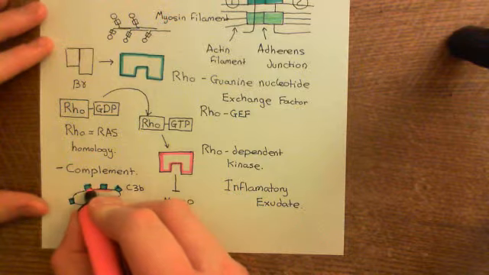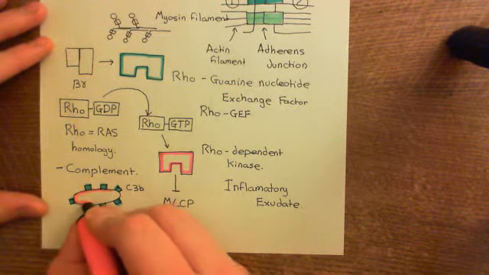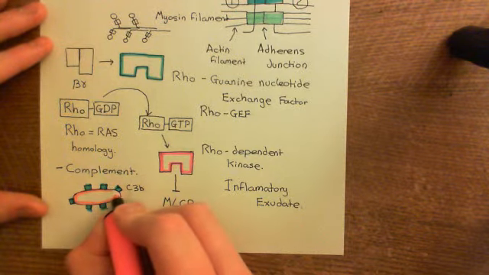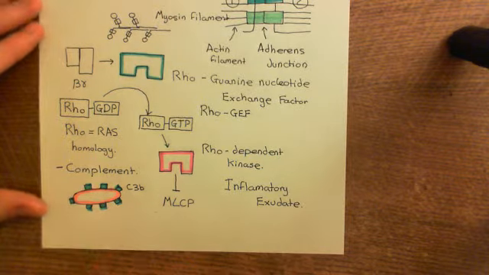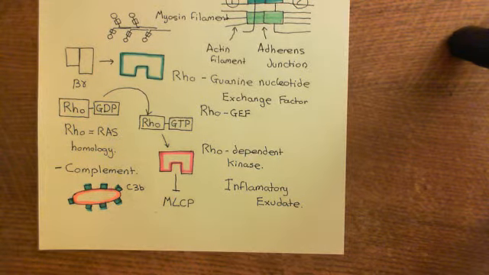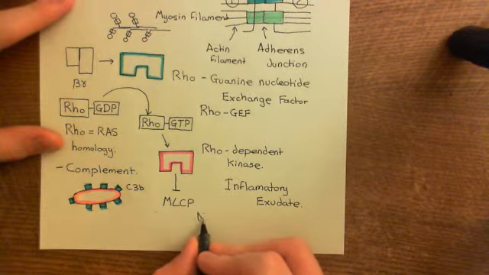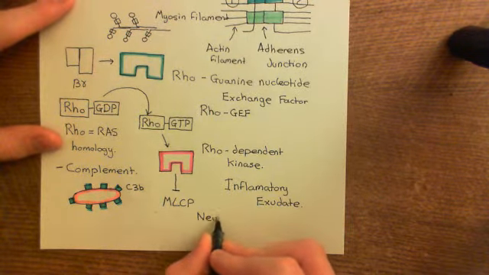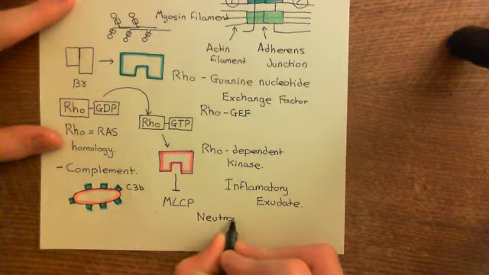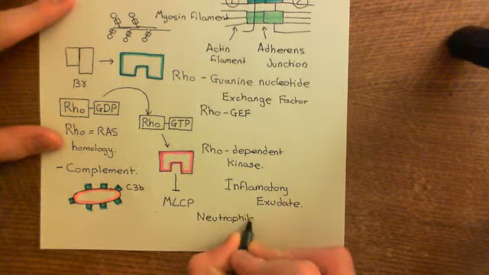Okay, now this is skipping ahead a bit because we haven't actually got to the recruitment of leukocytes, the recruitment of white blood cells from the bloodstream yet. However, very soon we will recruit white blood cells from the bloodstream, and two of the major types of white blood cells we're going to end up with in the interstitial space are neutrophils and macrophages.